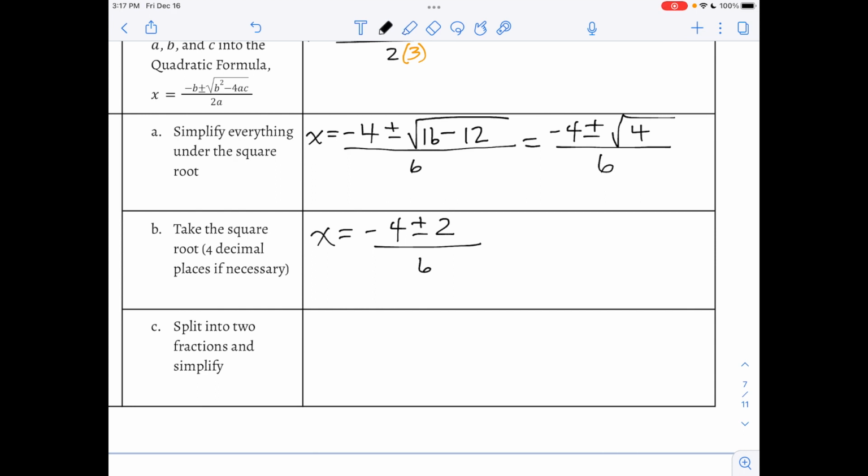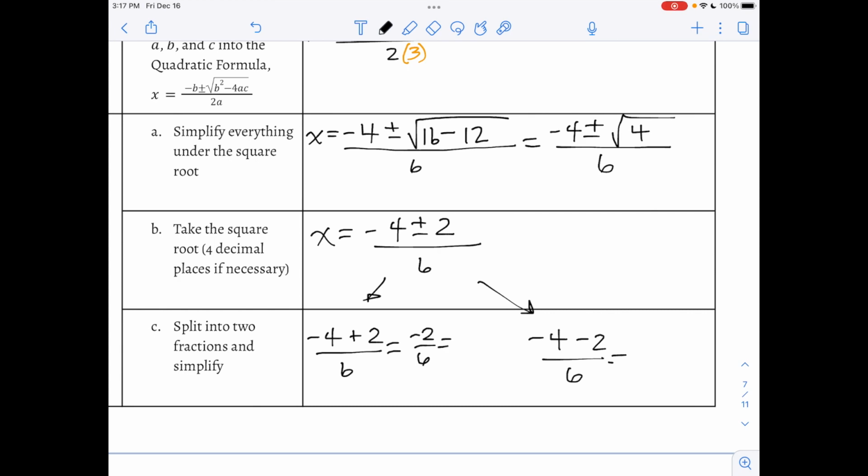And then split into 2 different fractions. One is the plus fraction. The other is the minus fraction. So negative 4 plus 2 gives me negative 2.